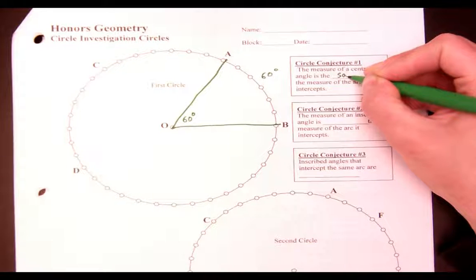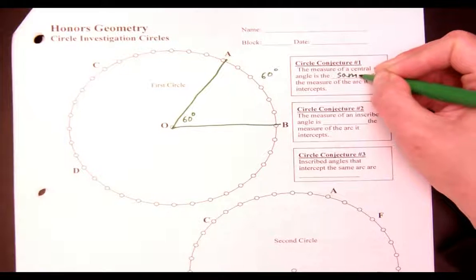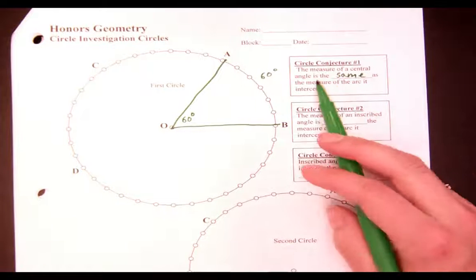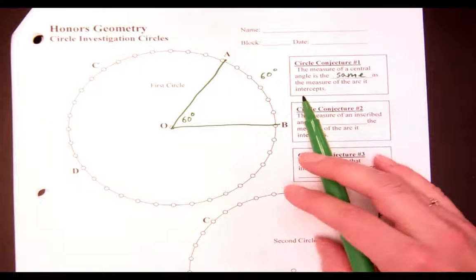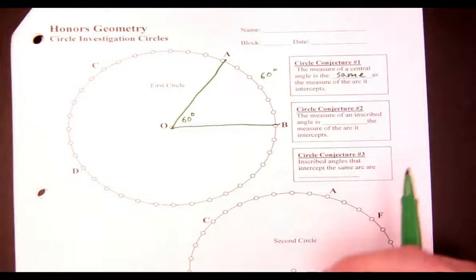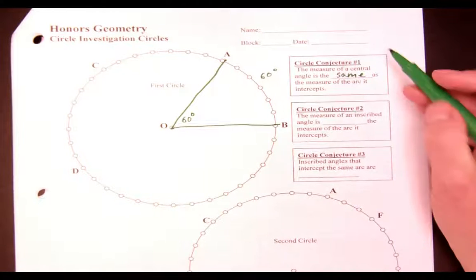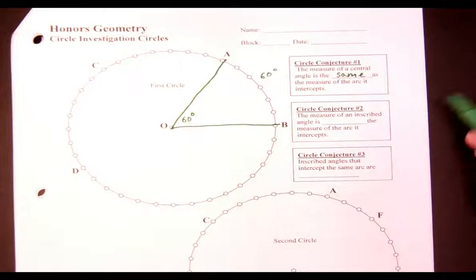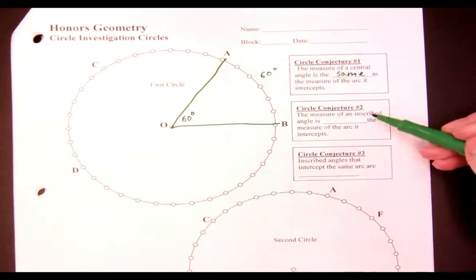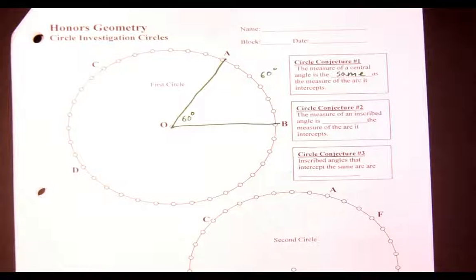Yeah, the same. Because if we said 60 is the measure of the arc it intercepts, that wouldn't quite work. These take the place of theorems instead of giving you the wordy theorems. This time we're just coming up with the conjectures, but these are the ones that are always true.